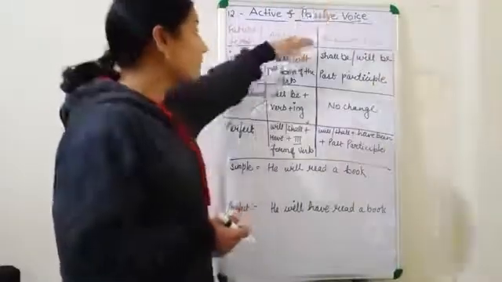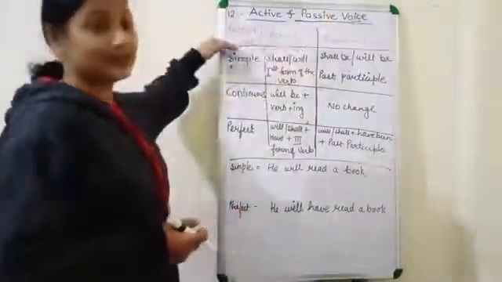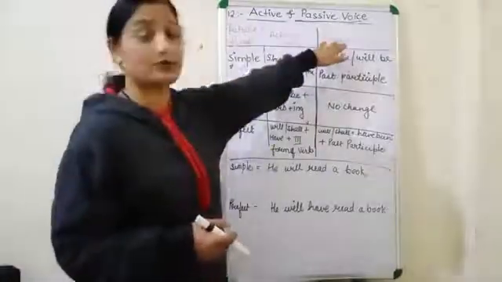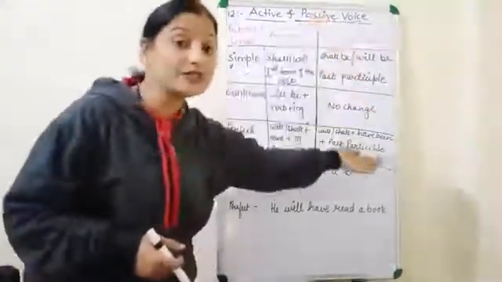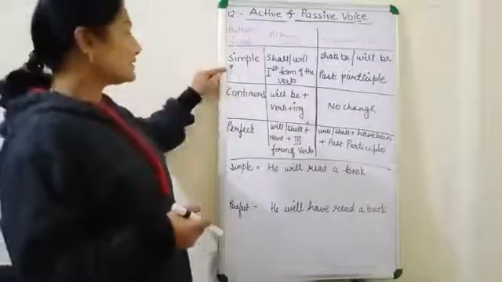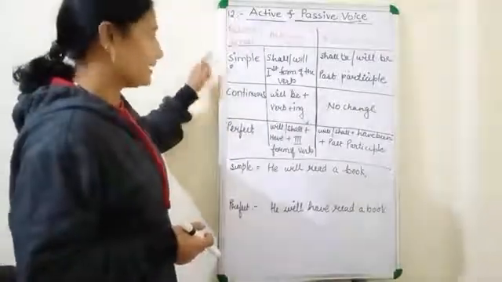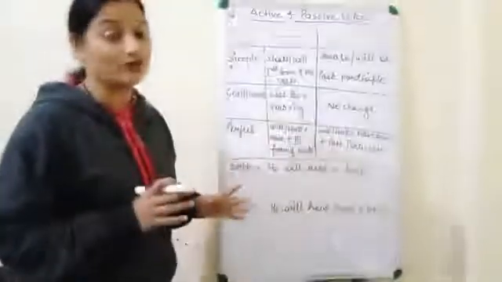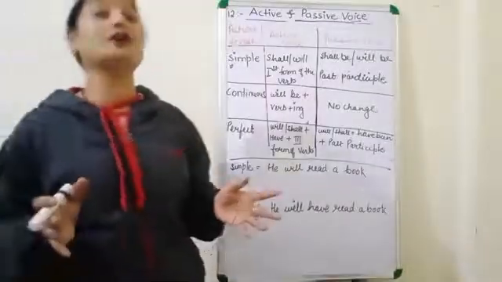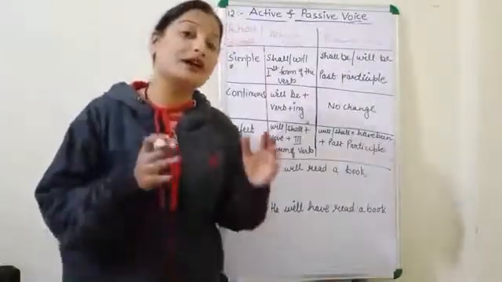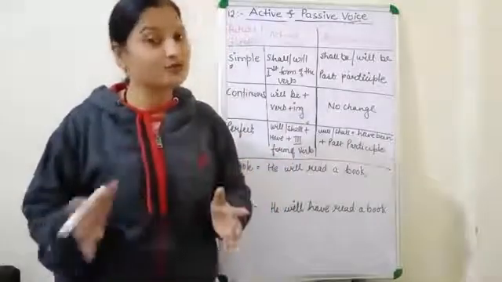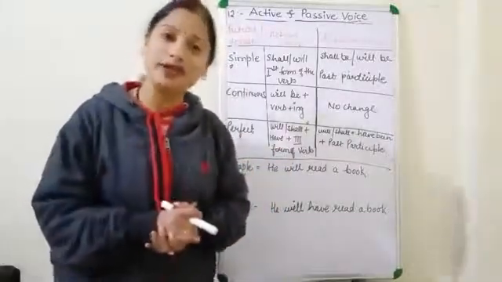So the active form of future tense can be changed into the passive voice, and the rules are: if the future tense is simple, then we know very well that along with the simple future tense, we simply use will or shall, plus the first form of the verb.